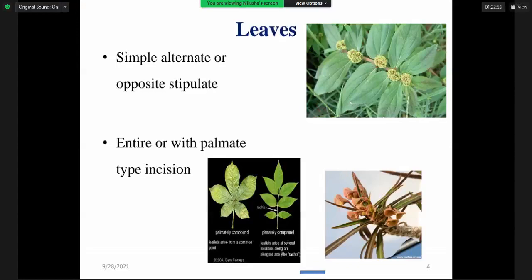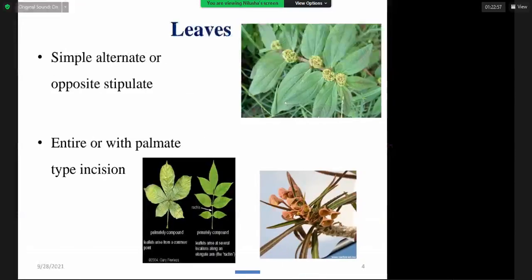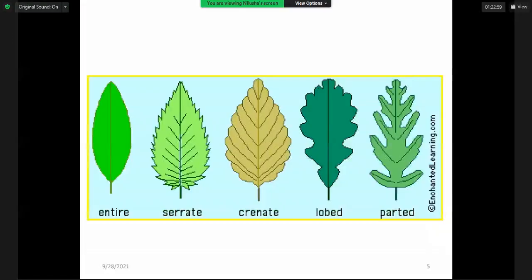So we call it palmate type incision. In this picture you can see the entire leaf and the lobes on the leaf margin.